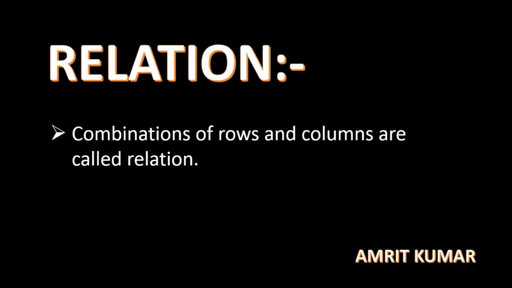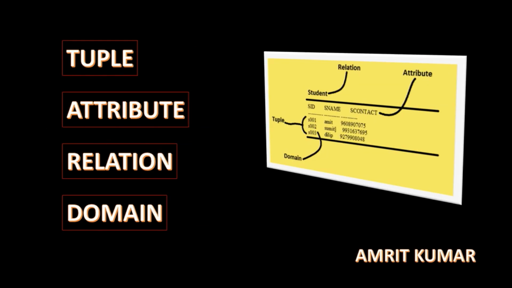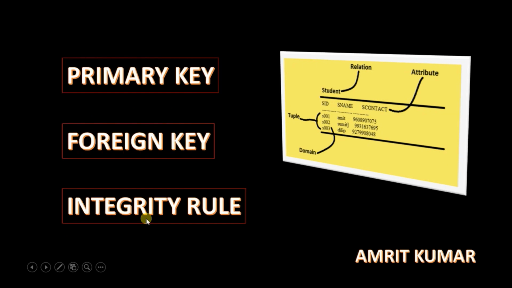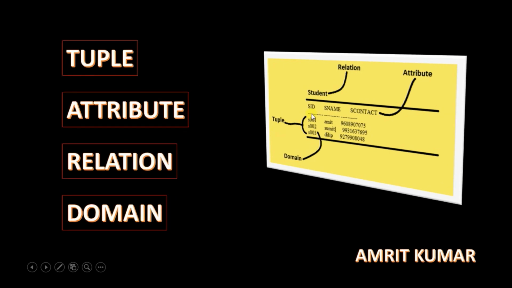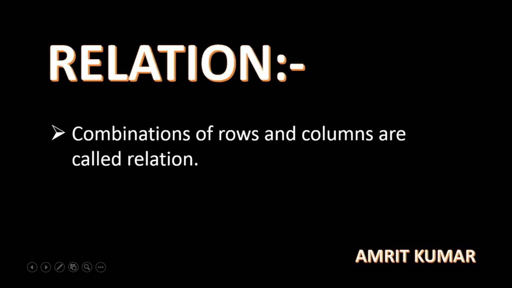So let's look at that. This is the condition applied on the attributes or the particular columns. So this is what we call a domain. A domain is nothing but the condition or the restriction applied on a particular column or attribute.